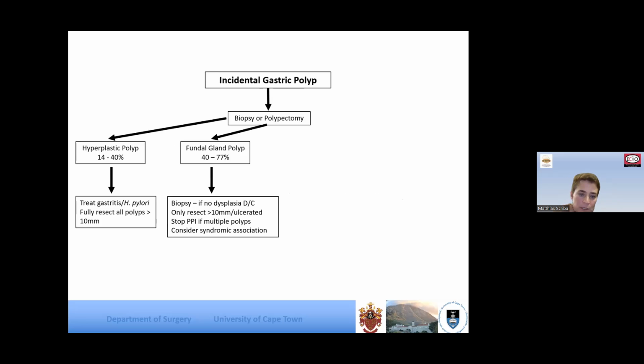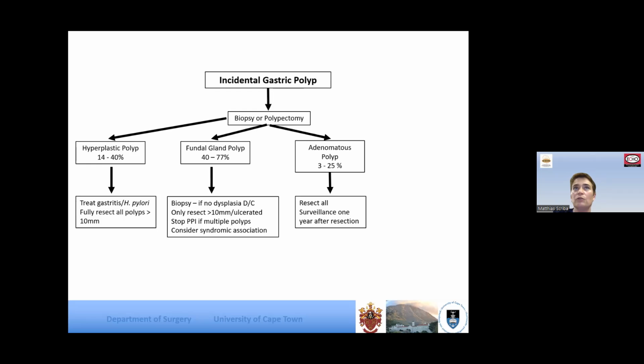If there's no dysplasia, only resect those that are bigger than 10 millimeters. You can consider stopping PPIs, and remember, if there's more than 50 or 100, please, please, please consider a syndromic association. Adenomatous polyps, we just mentioned, there's a malignant risk, and you should take them all out and surveil. What about everything else?